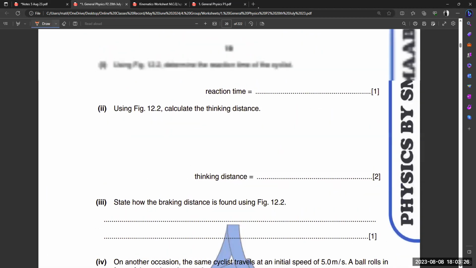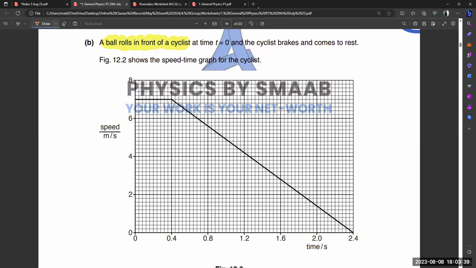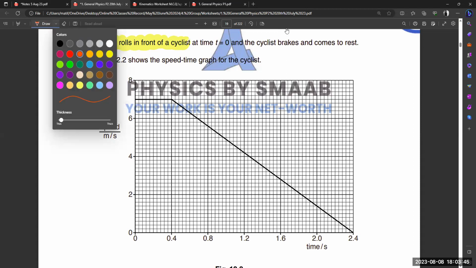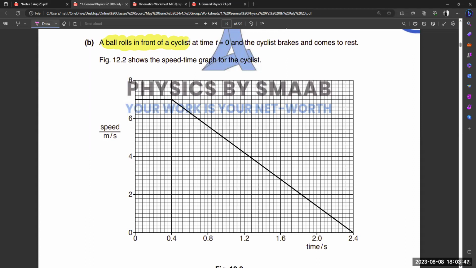So the first one is, using figure 12.2, determine the reaction time of the cyclist. The reaction time is 0.4 seconds, because the speed starts to decrease at 0.4. Before that, it is moving with constant speed because there is a clear road.